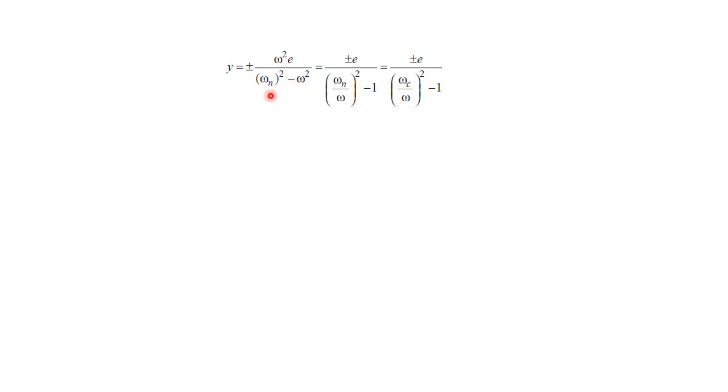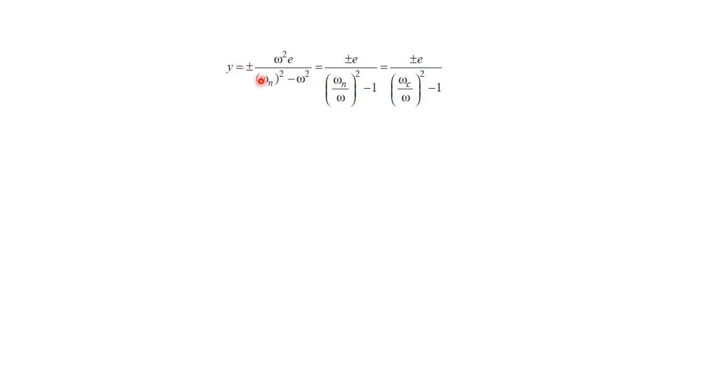Omega is the excitation frequency, that is the frequency of the external force acting on the system, and omega n is the natural frequency of the transverse vibration of the shaft. If omega is greater than omega n, this denominator becomes negative. So in order to make the value of y, the deflection of the shaft, positive, we put plus or minus here.